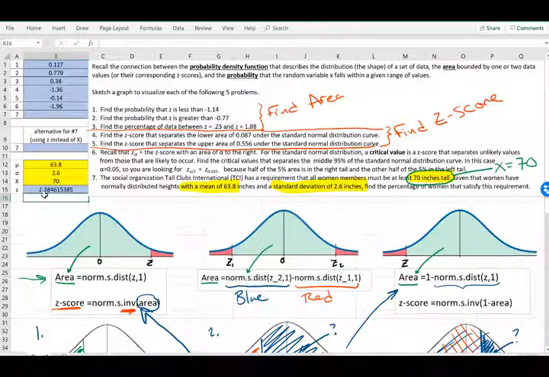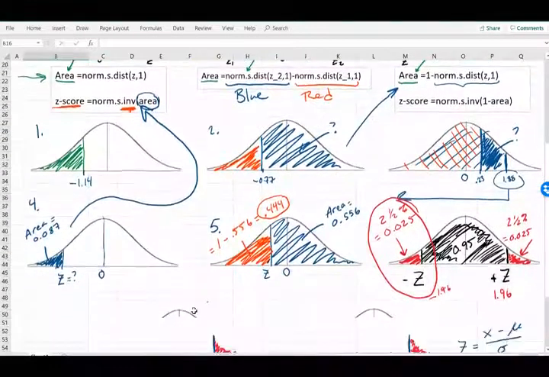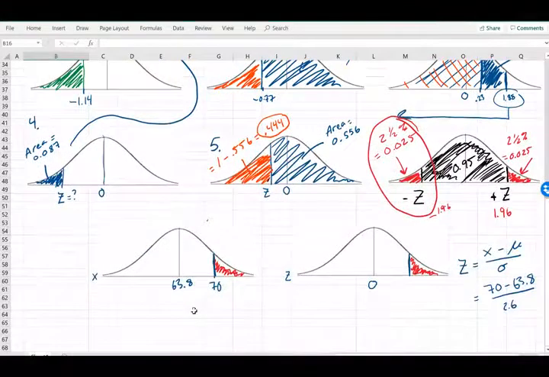So we have a z-score of about 2.38. The number 70 converted to a z-score is 2.38. So the area to the right of x equals 70, or the area to the right of z equals 2.38, should be the same number.